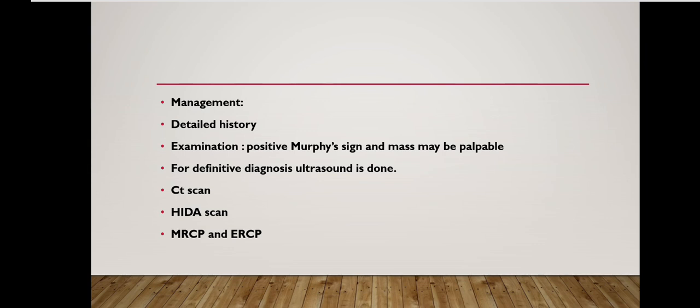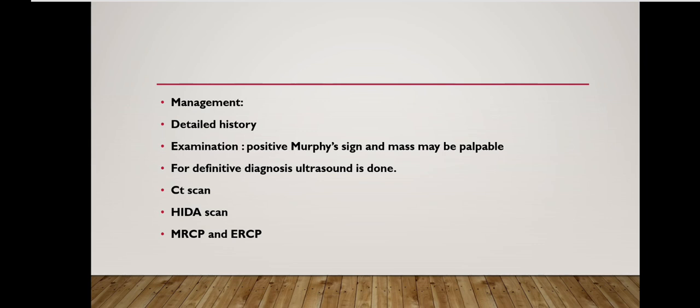In a HIDA scan, we can know about the function of the gallbladder, while at the end we can do MRCP and ERCP, which are invasive endoscopic techniques. In ERCP, an endoscope is passed through the mouth into the duodenum, and then from the duodenum to the ampulla of Vater, it is passed into the common bile duct, and we see if there is any stone in the common bile duct.